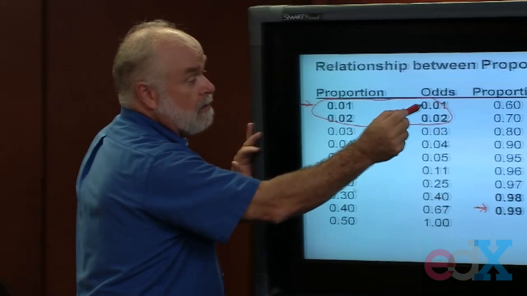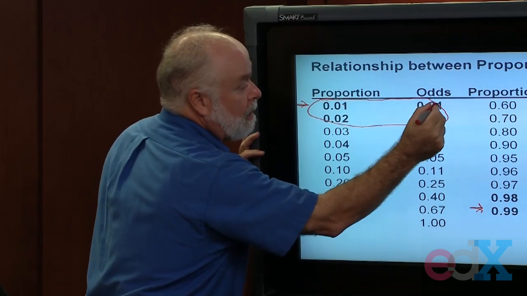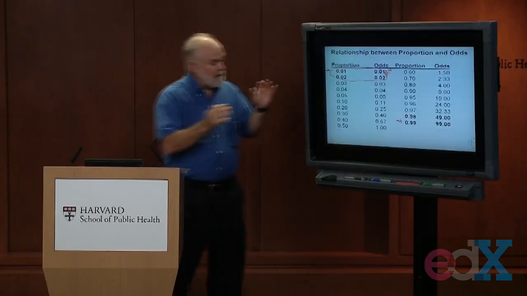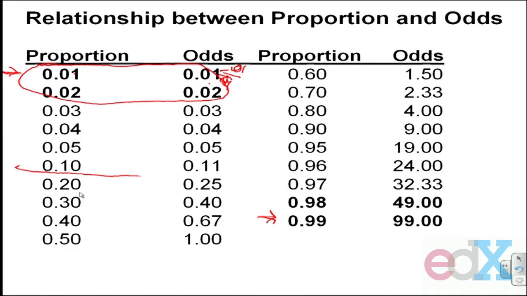The odds corresponding to a proportion of 1% is going to be 0.01 divided by 0.99. And 0.01 divided by 0.99 is 0.01 something after that. It's close to 0.01. So for small proportions, the corresponding values for the odds are going to be very similar to the values for the proportions. And they stay similar up until about 10%.